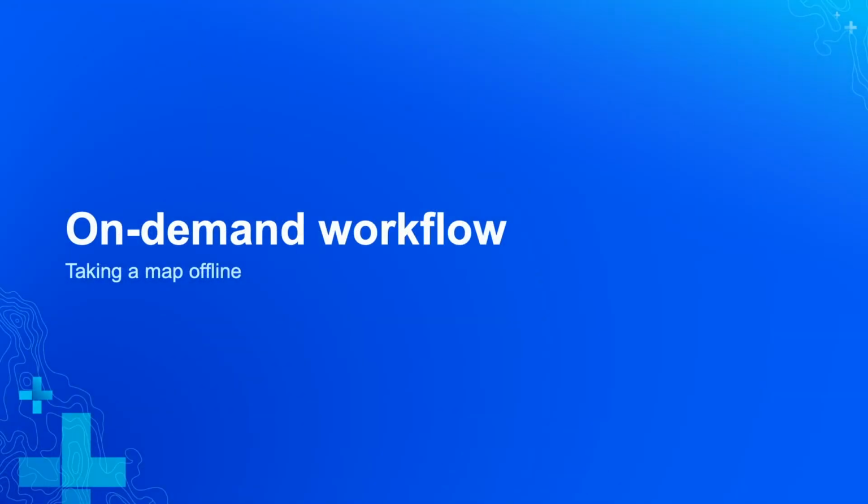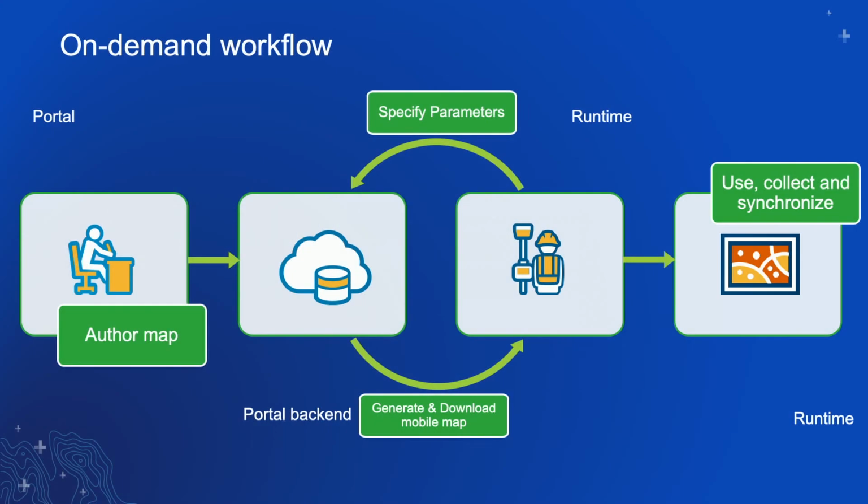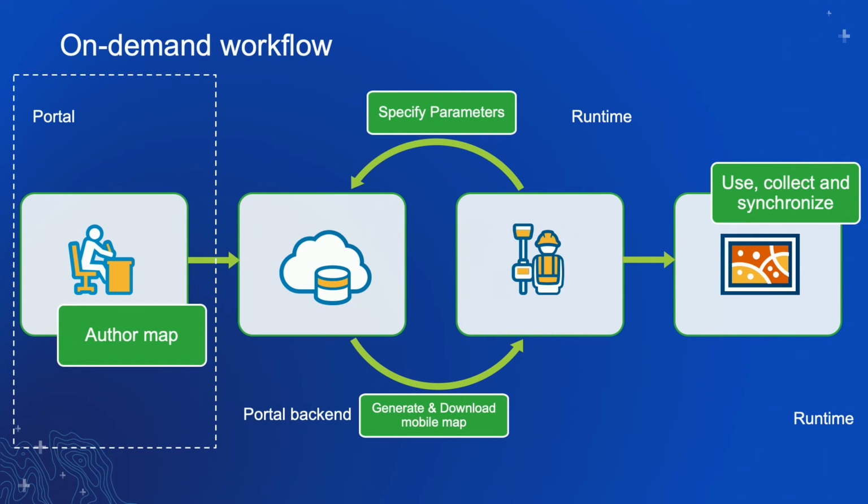So in the services pattern, let's talk about the on-demand workflow first. In the on-demand workflow, you basically set up a map and you host it on either ArcGIS Online or on ArcGIS Enterprise. And it's got all the layers that you need in the map, and it's usually pointing to services.